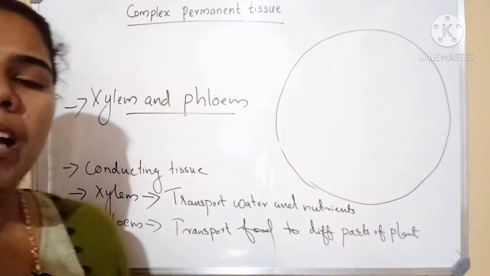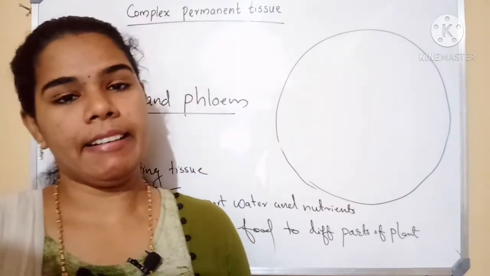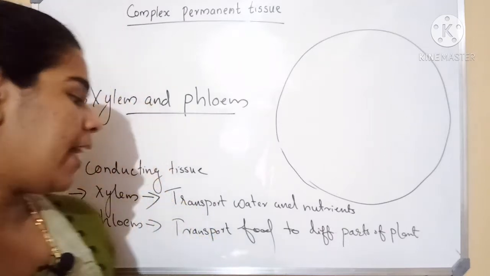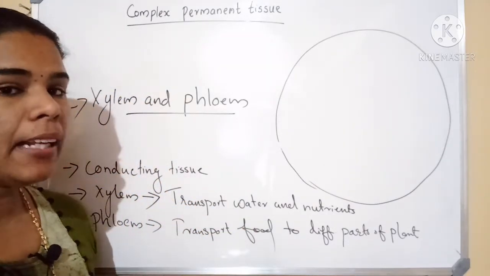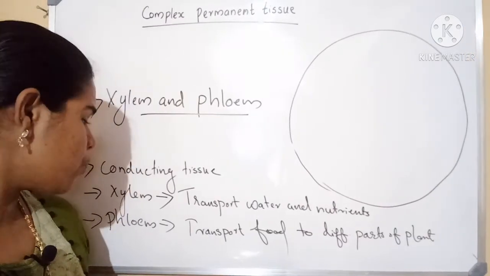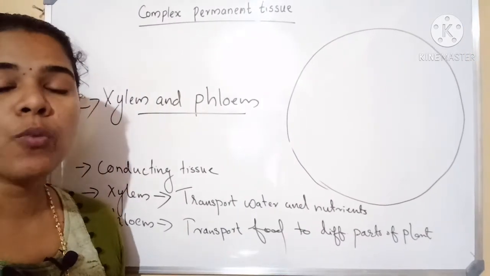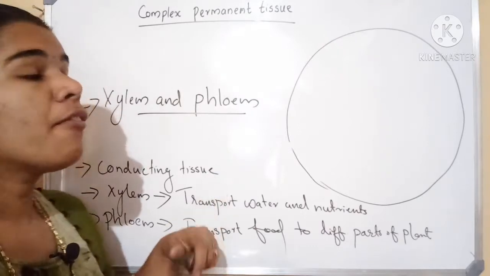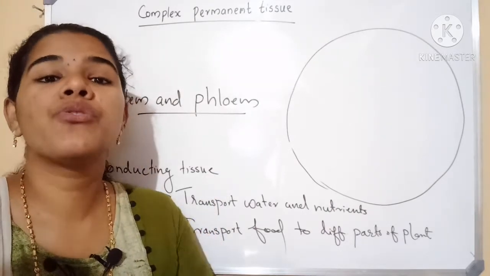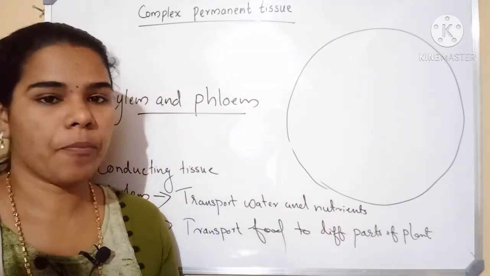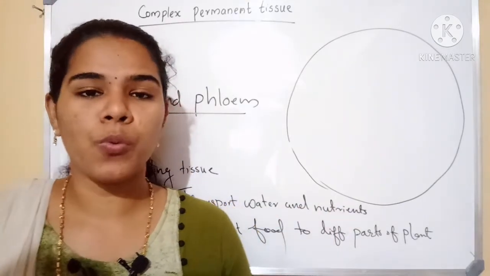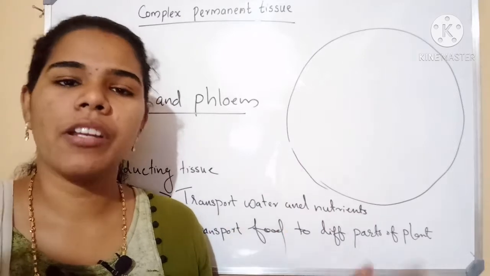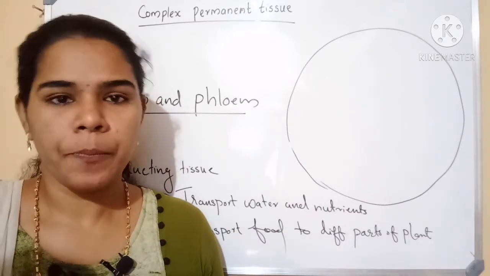Xylem and phloem both are conducting tissues, and they have their own duty. Xylem helps to transport water and nutrients from the roots to the leaves or different body parts.